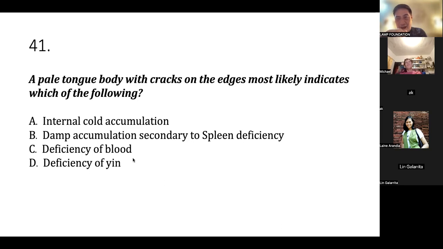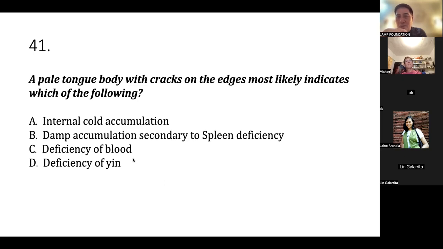Anong itsura ng tongue? Kapag cold po, Doc, kulay blue po yun. Nagiging dry ang tongue o nagiging moist? Naging moist po. Very good. What about blood deficiency? Pag blood deficiency, pale po siya, tapos thin and dry.